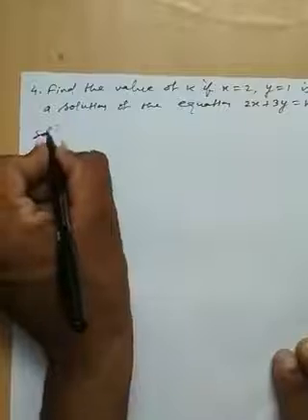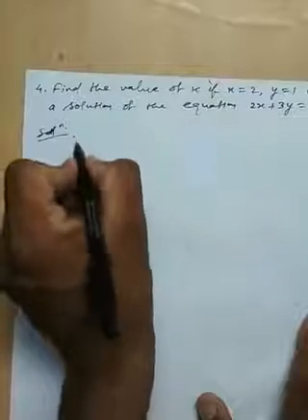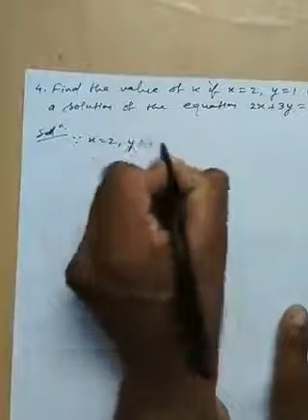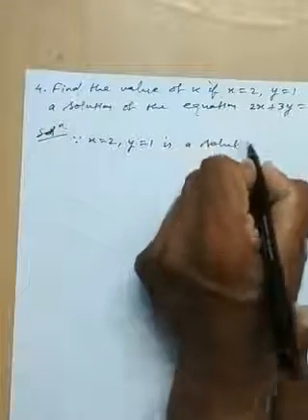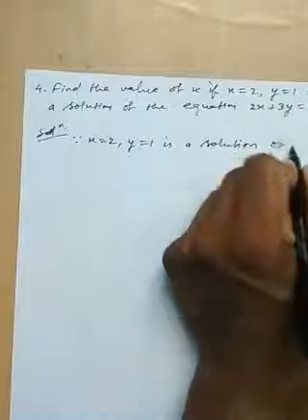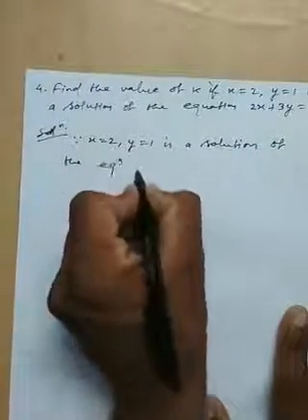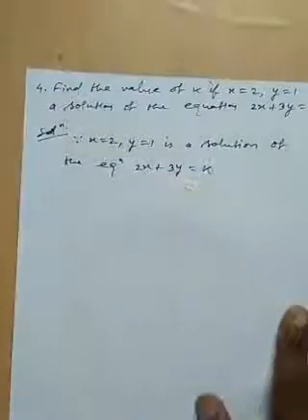Since x equal to 2 and y equal to 1 is a solution, it satisfies the equation 2x plus 3y equal to k.